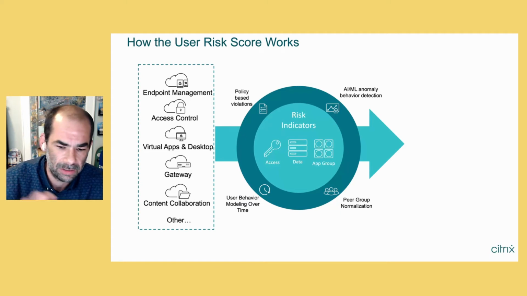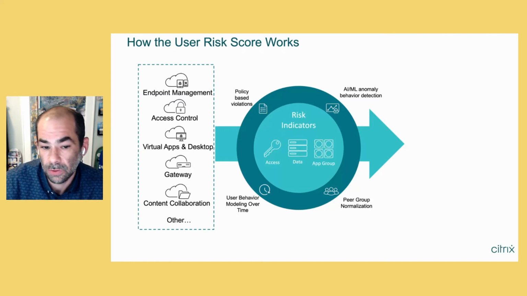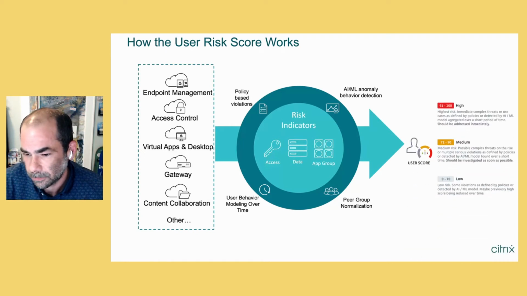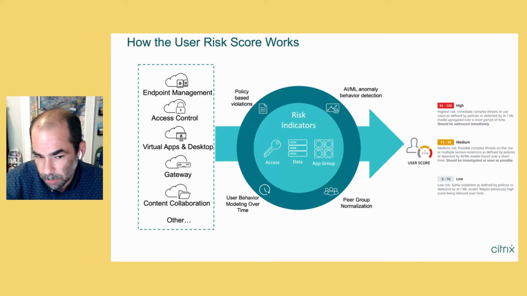And you'll kind of see that there's a process that goes on. This is the machine learning and the algorithms, kind of the models behind the scenes that are analyzing all of the data from the users in the platform and ultimately generating a risk score. And what you'll see is that on a per user basis, we start to create these profiles of how users are using the platform.